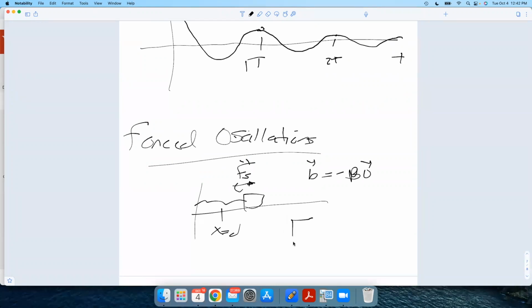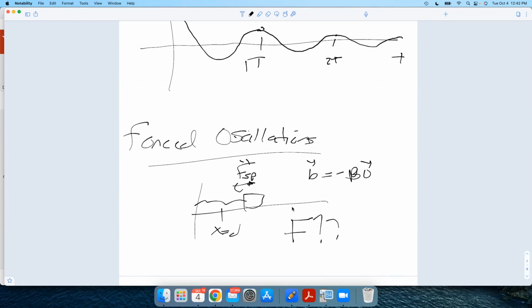Maybe we'll just call it capital F as opposed to F spring here. It could look like anything that's pushing this guy. Maybe it's constant. Maybe I've just got a guy over here that's pushing backwards on it. Or maybe this goes like a cosine or a sine. This could be anything. And then you get all kinds of crazy solutions.